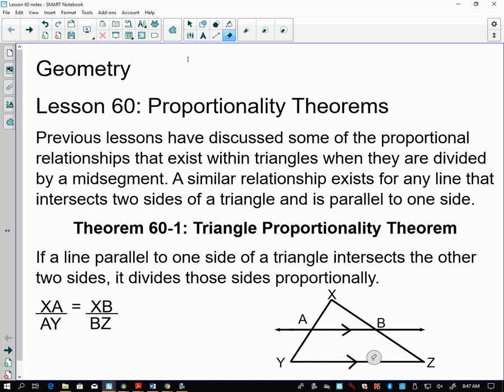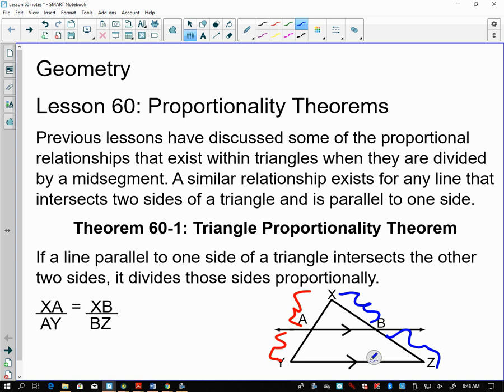Okay. If a line parallel to one side of a triangle intersects the other two sides, it divides those sides proportionally, right? So we're seeing that XA over AY, so this over that, is going to be proportional to this over that. Okay, that's fairly easy. I can set up a proportion.